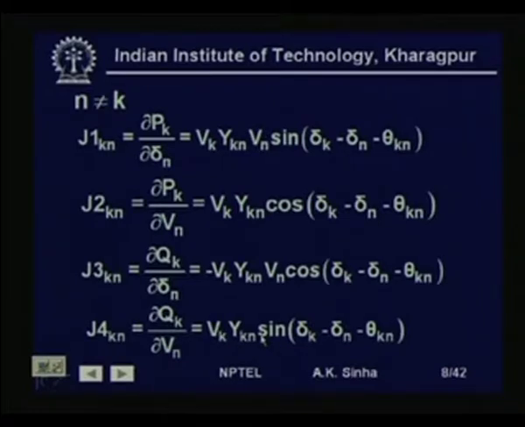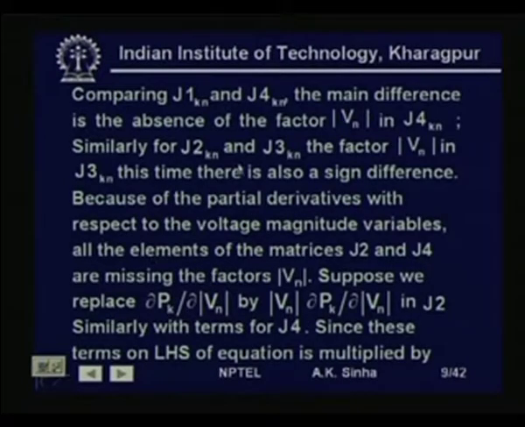Similarly, J2 and J3 are very similar, except that J2 is missing Vn. Also, there is a minus sign associated with J3. If we take advantage of these similarities, our computation for the Jacobian matrix can be made much simpler.